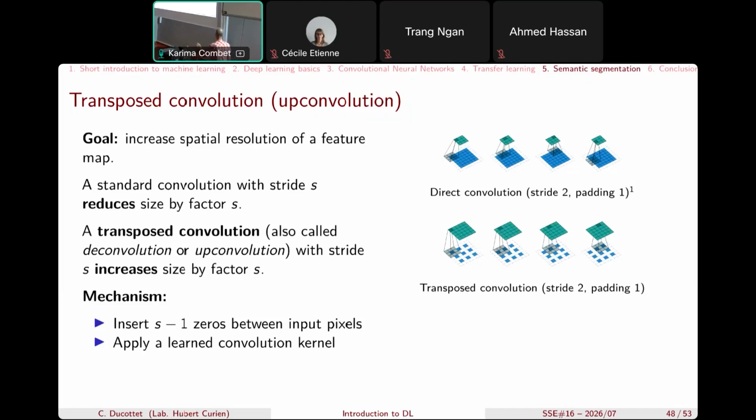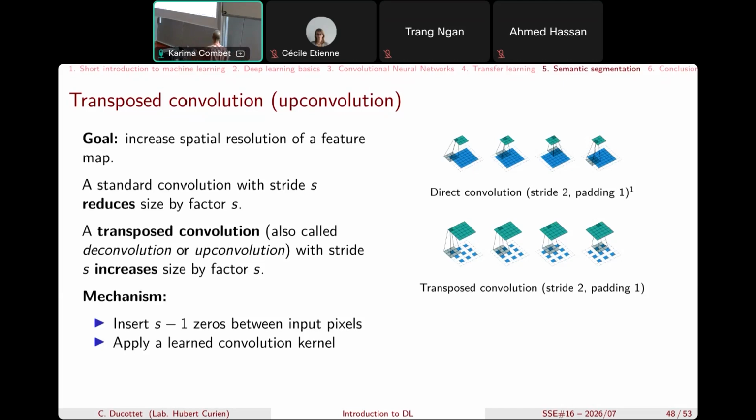And in the same way that we were learning our filters in the encoder for normal convolutions, we will also learn the values that would recover the definition of the image. It's a kind of interpolation, in fact, that we are doing.